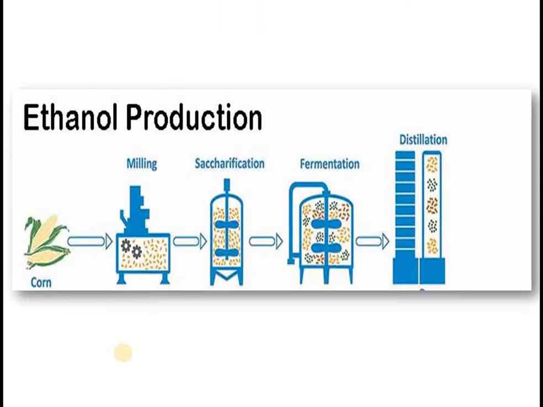In ethanol production, for example, which is a typical production of alcohol, you have corn, it can be cane juice or any other wheat or paddy. First it is thoroughly ground and made in the form of a paste, and mixed sufficiently with water, and a process called saccharification takes place.